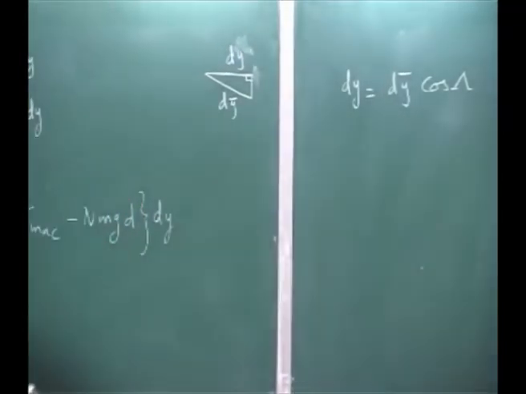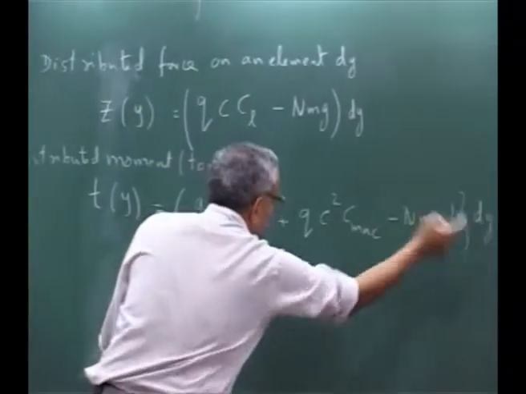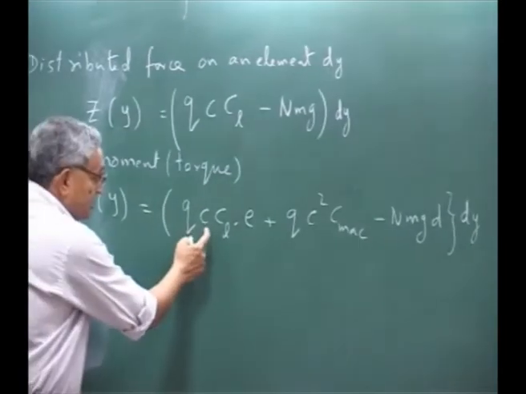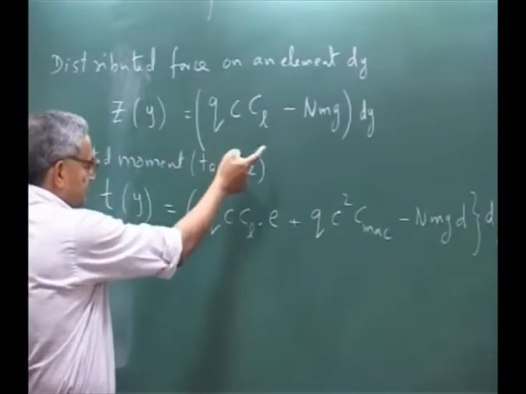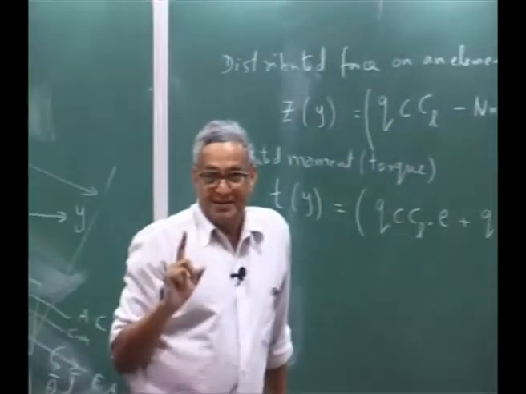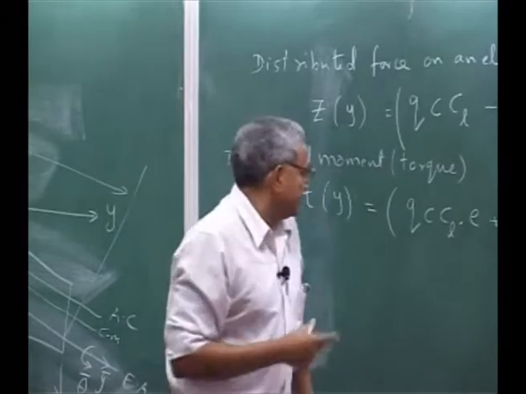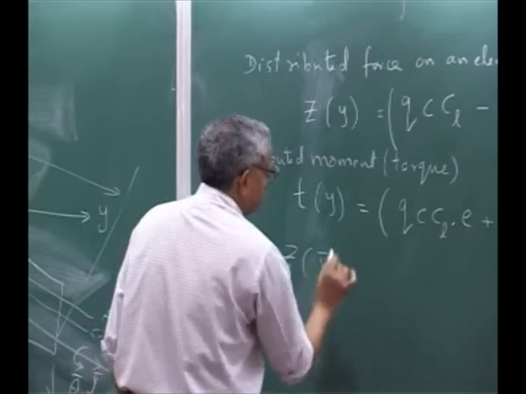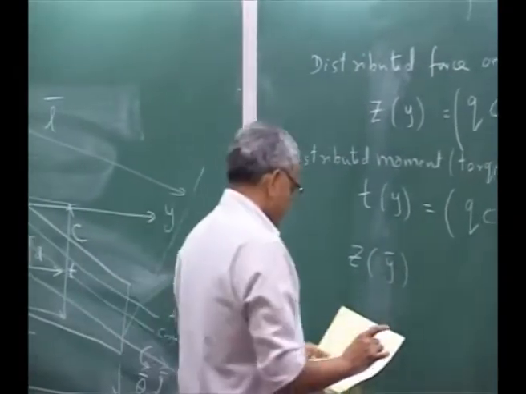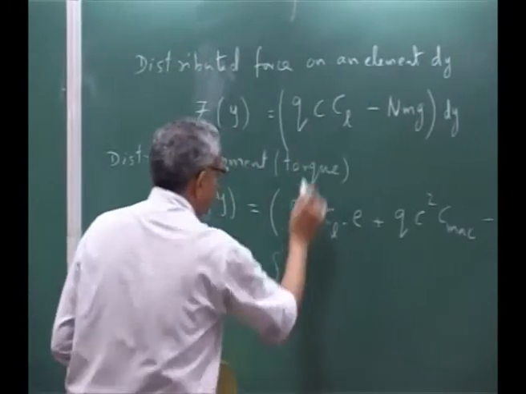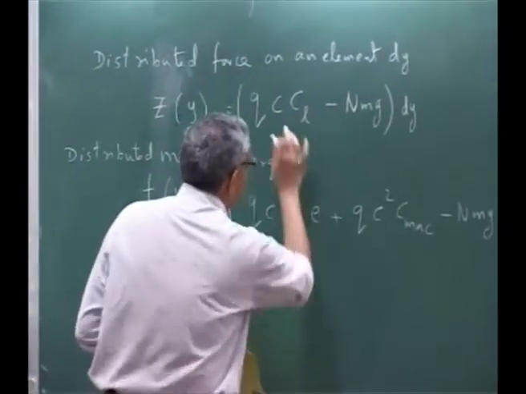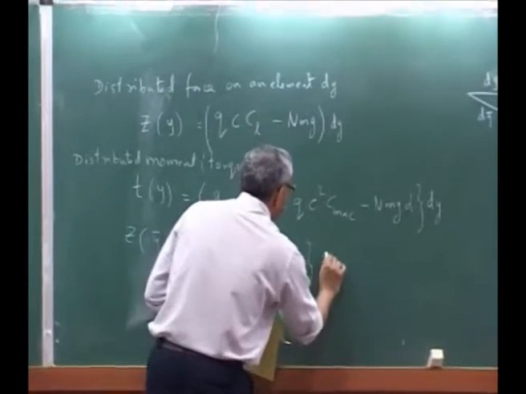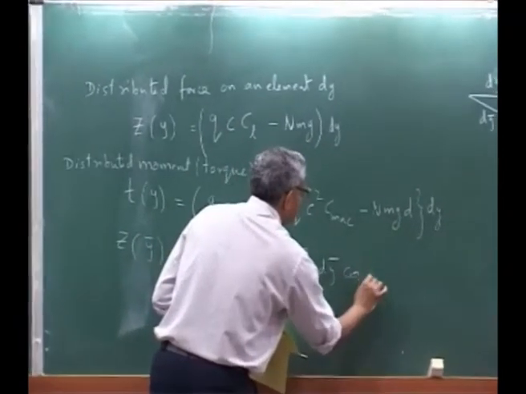Now what I do is, I substitute this in these places. Even though these quantities q, c, everything is along the streamwise direction, I am now getting Z, I'll put it y bar, please understand, I'm just modifying it, that's all. q, c, CL, this will not change, minus N m g dy, I am putting dy bar cosine lambda.